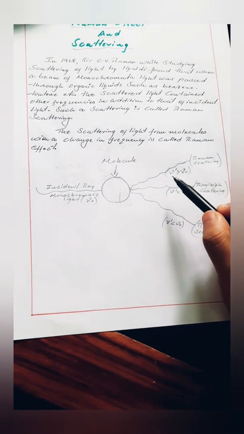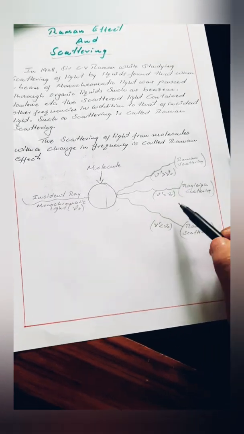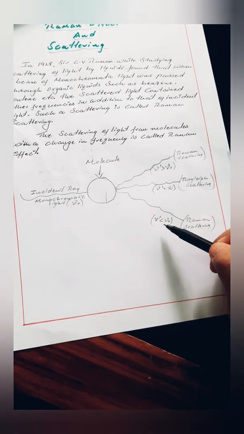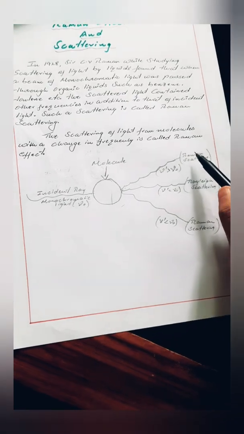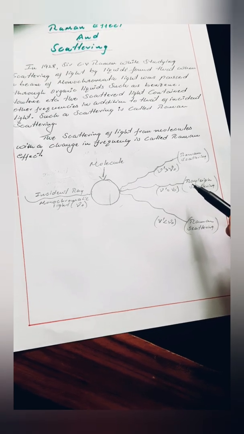One having the frequency higher than that of incident ray, one having the frequency equal to that of incident ray, and one having the frequency less than that of incident ray. This is Raman scattering, this is Raman scattering, and this scattered ray which has the frequency equal to the incident ray is known as Rayleigh scattering.